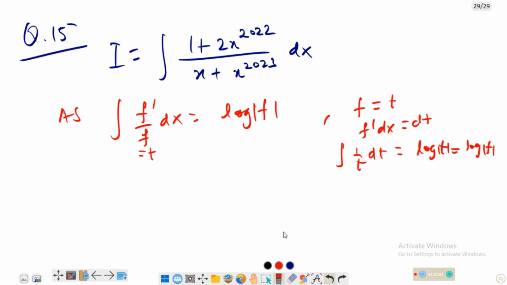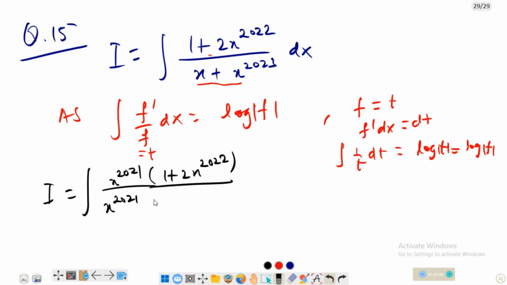If you multiply by x to the power 2021 in the numerator and denominator, we get 1 plus 2 x to the power 2022 and x plus x to the power 2023 dx.